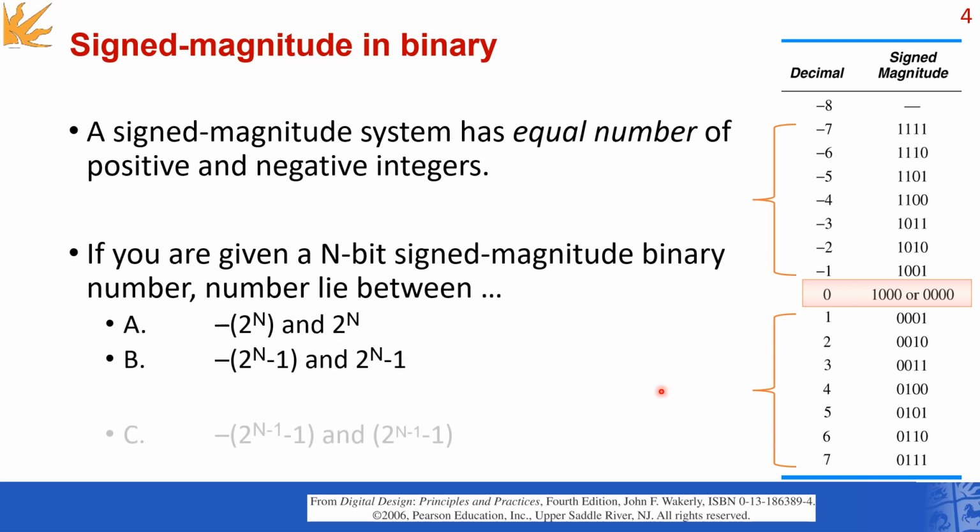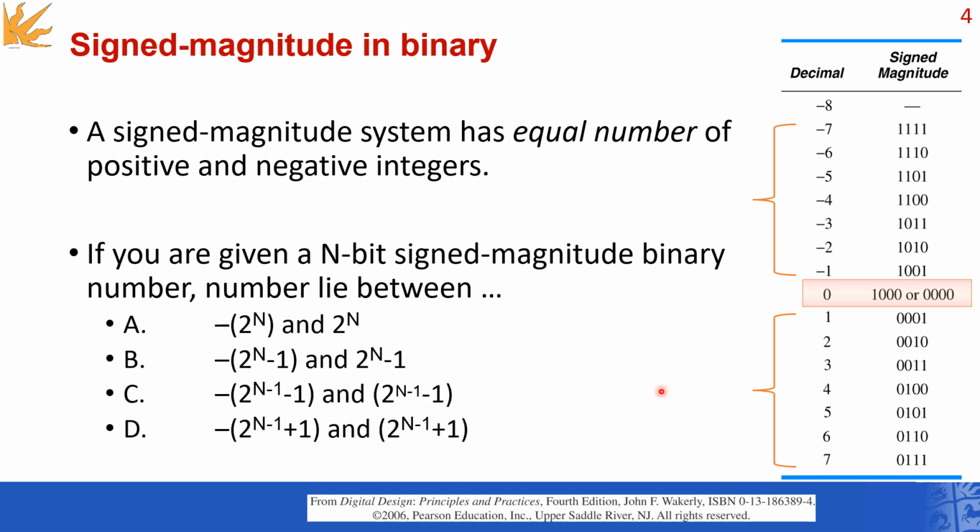In general, if you have an n-bit signed magnitude binary number, I will let you think about it and come up with the right answer. What is the range within which this number lies? If you paused the video and took a look at this example, you would have realized that this is the general answer.